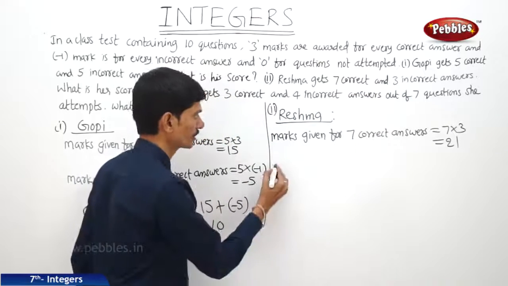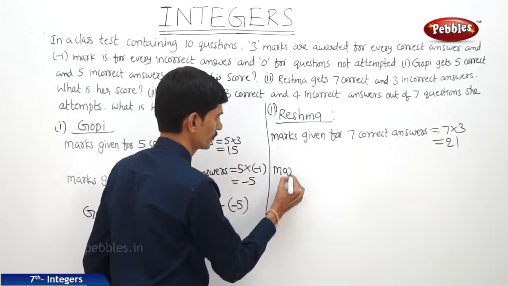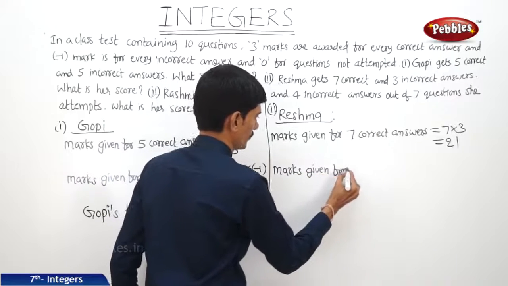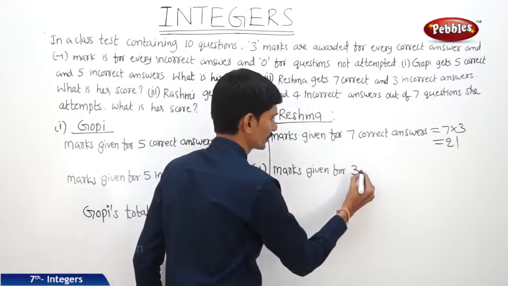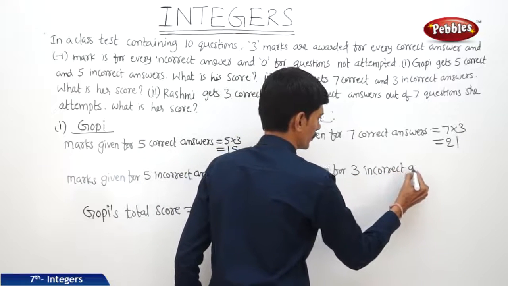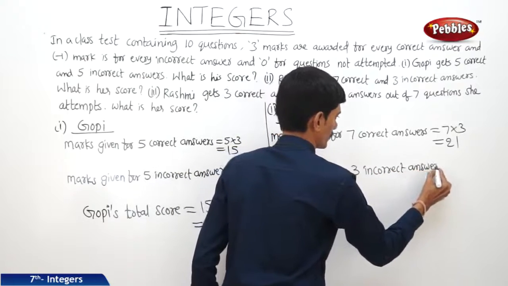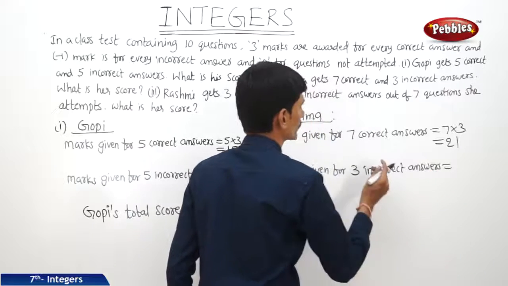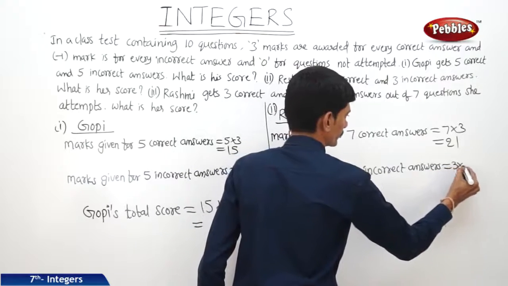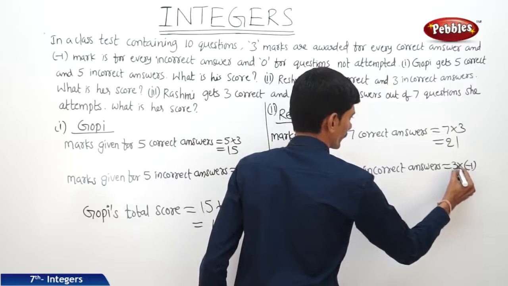So marks given for 3 incorrect answers equals 3 into minus 1.